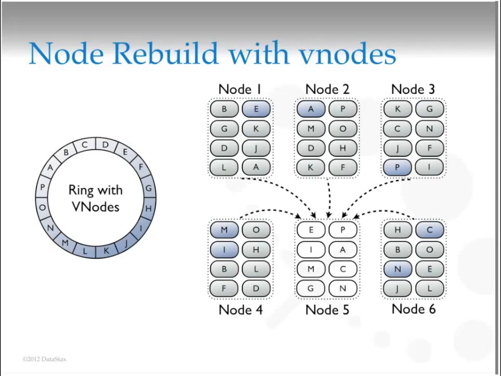So when we parallelize this with virtual nodes, as you can see, even in this simple example of only 3 virtual nodes per machine, I'm already able to parallelize that rebuild across the entire cluster because those ranges that I'm assigning to the different replicas are so much smaller and more fine-grained that I can have everyone participate in it.